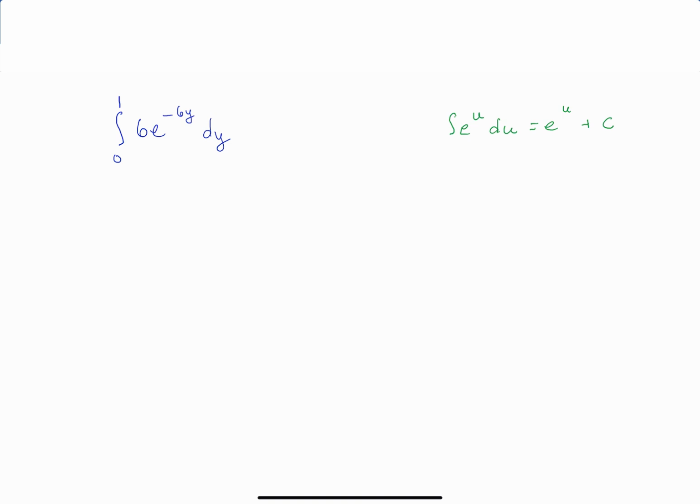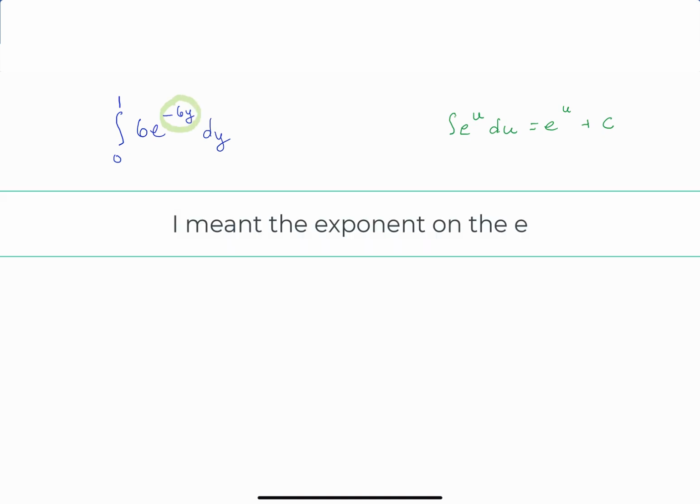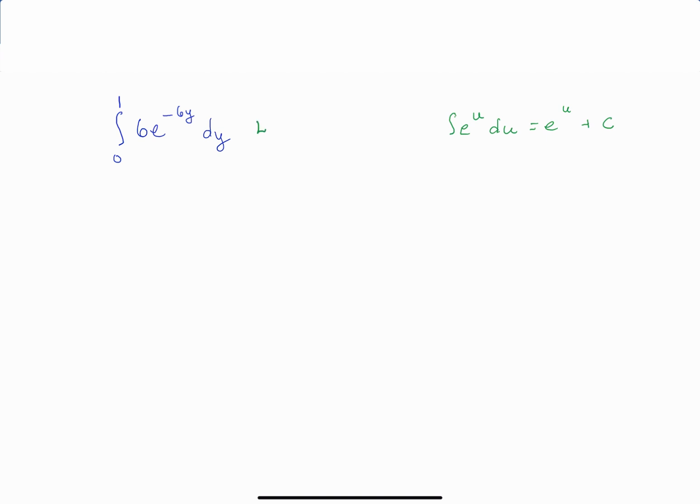So the trick for dealing with this was to take that thing that you wish was a single letter. So the thing I wish was just a plain old letter is the exponent on the e. And I'm going to clean that up and turn it into a letter by letting u be that whole thing in the exponent. Then we carry through with what else that says about u, and it says du would be minus 6 dy.